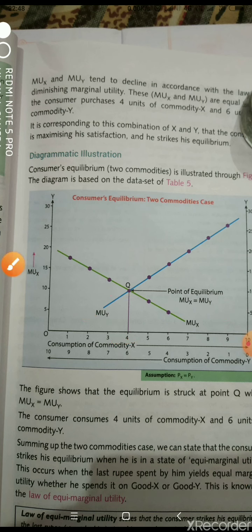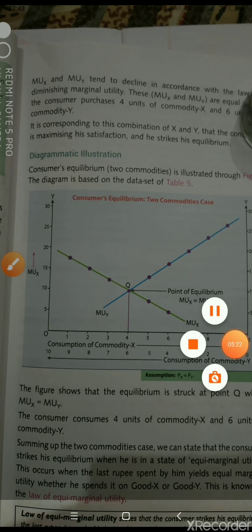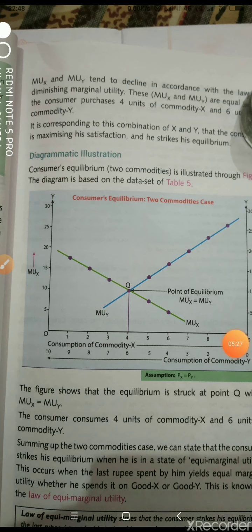Okay, so this way we know that the consumer will strike his equilibrium when he is in the state of equimarginal utility, and this will occur when the last rupee spent by him yields equal marginal utility, whether he spends it on good X or good Y. This is known as the law of equimarginal utility.